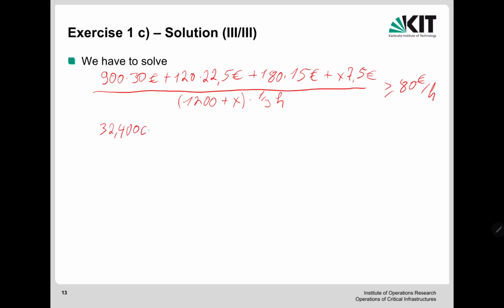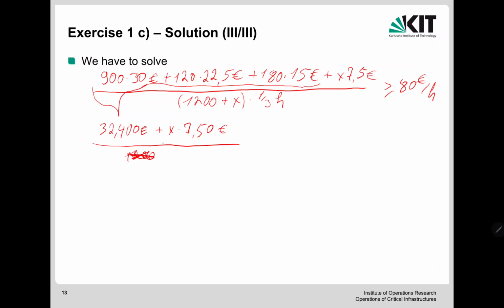32,400 euros. So this is basically the first term here. Sorry, the entire term here. Plus, and this is what we don't know, is the X times 7.50 euro. Okay. And again, divided by 1,200. Or we can write it in a different way.